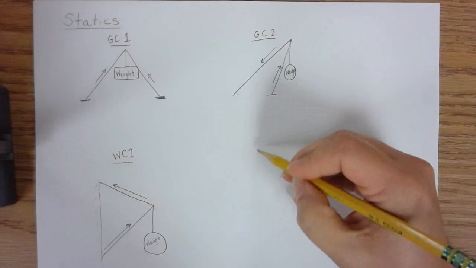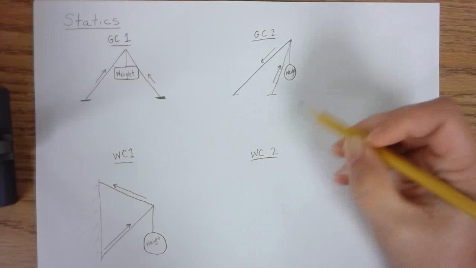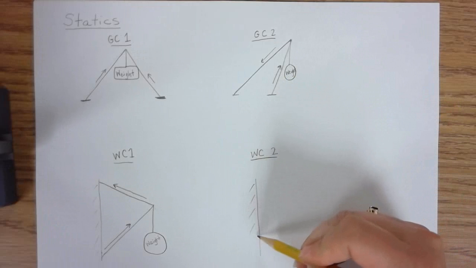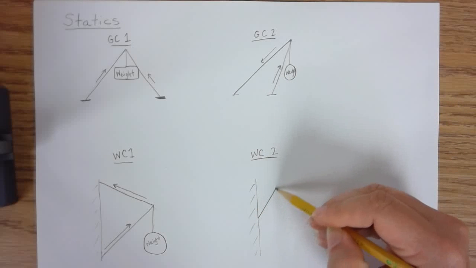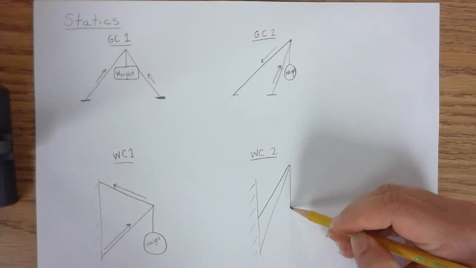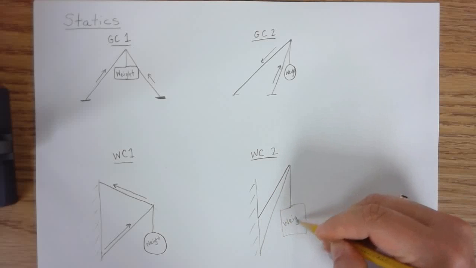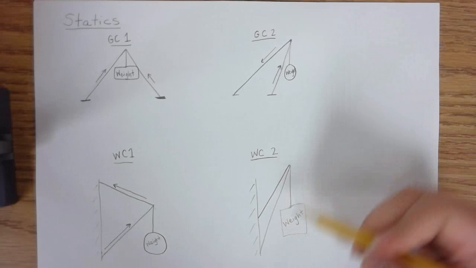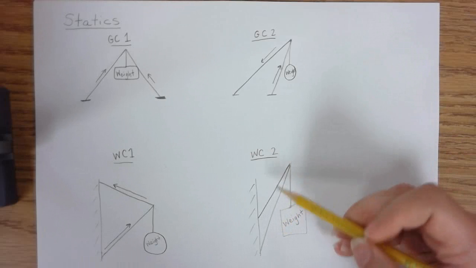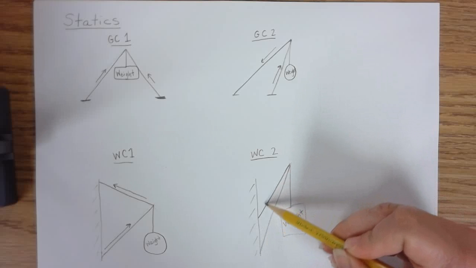And then the 4th case that we will look at in this unit is wall case 2, which resembles ground case 2, only coming off of the wall. And you've got to figure out, are both of these supports pushing upward, or do they have to be moving as one is pushing upward, the other one is pulling back?